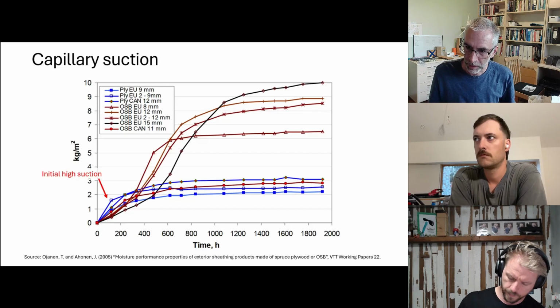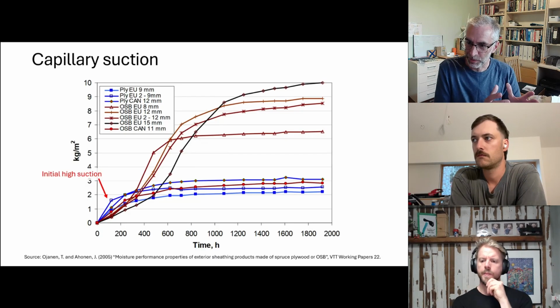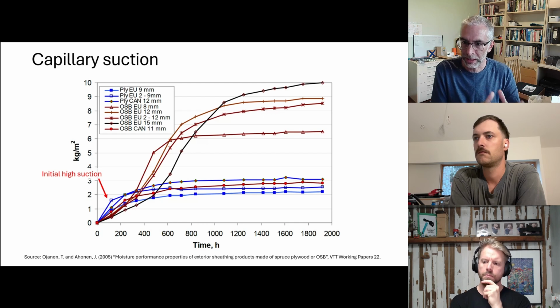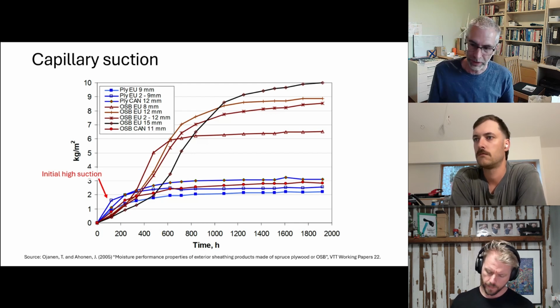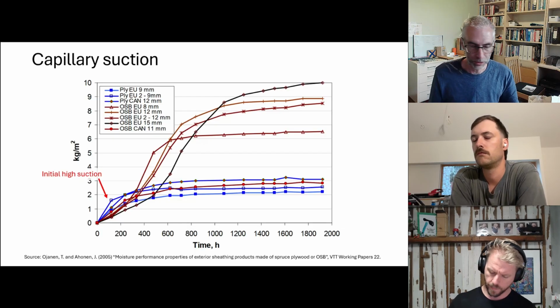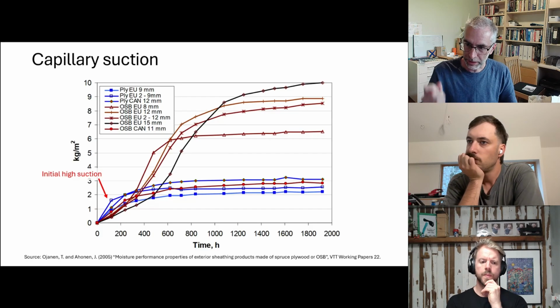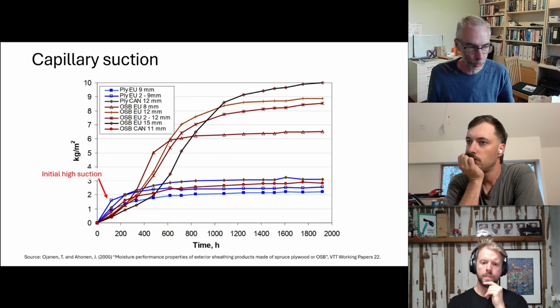So that points to one of the variables here, which is that the type of chemistry of the resin you're using will have an influence on the ability of that material, irrespective of whether it's ply or OSB, to suck up and absorb water. So we have two competing things here. The ply will initially suck up lots of water, but ultimately the OSB will store vastly more water than will ply.